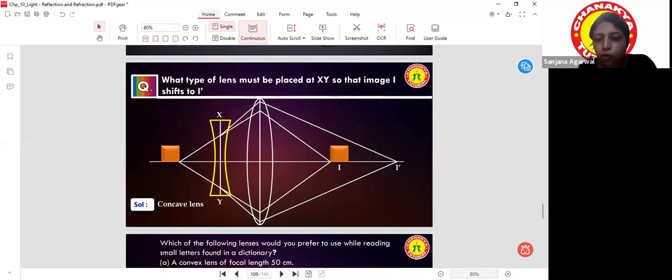Such an interesting question. What type of lens must be placed at XY so that image I shifts to I dash? Imagine that the lens XY is not present here. In that case, let me take another pen.